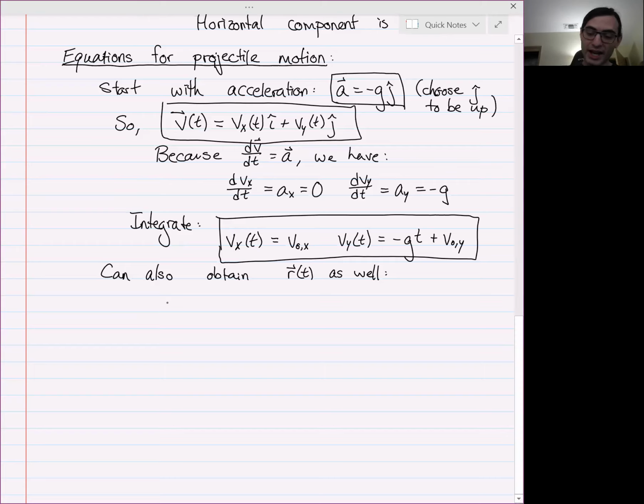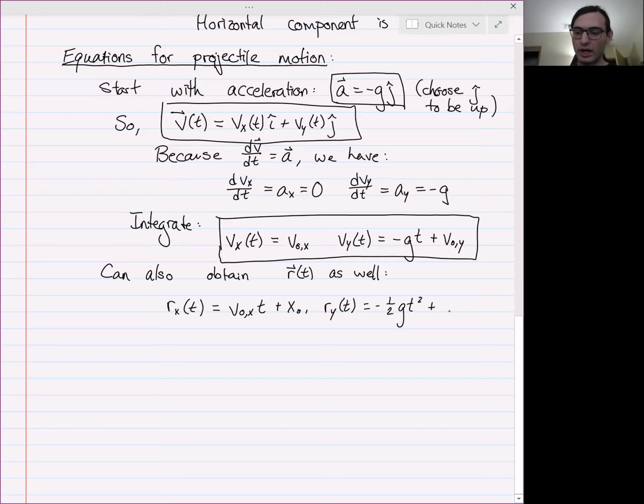So we get that our x of t is v0x times t plus x0. And our y of t is minus 1/2 gt squared. You're integrating a linear function, you get a factor of 1/2 and it becomes quadratic.